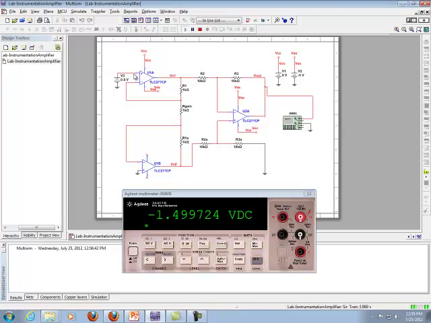I put in 0.5 volts to V1. V2 is grounded, so the output I should get is approximately 3 times 0.5, but it's V2 minus V1, and since V2 is grounded, I'll basically get an output of negative 1.5 volts, and that is what I see here. Pretty straightforward.